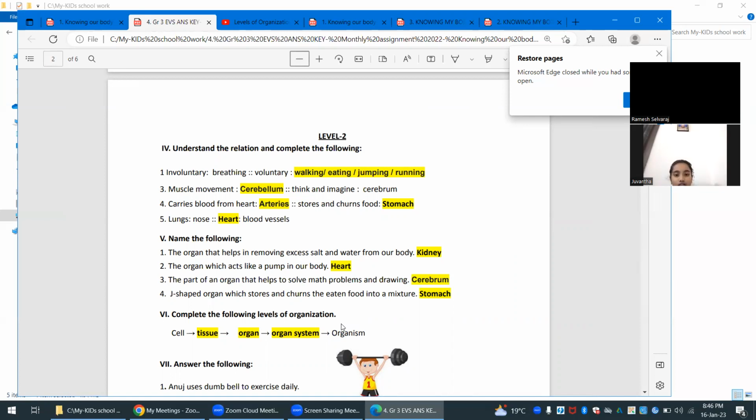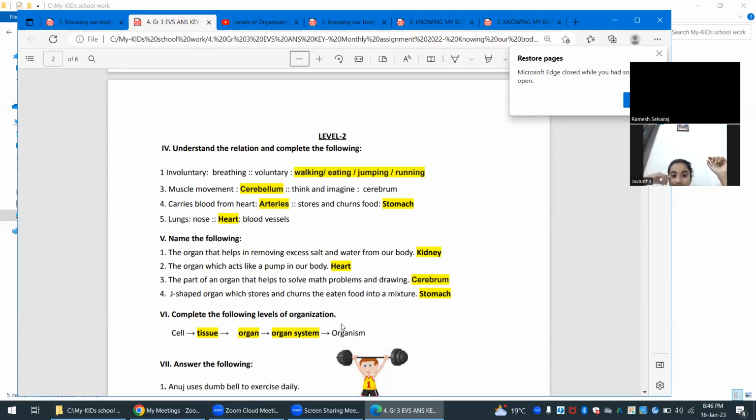Why do you say speaking is voluntary? Because when we want to stop speaking, we can stop, and when we want to start speaking, we can start. Okay. Why isn't breathing voluntary?